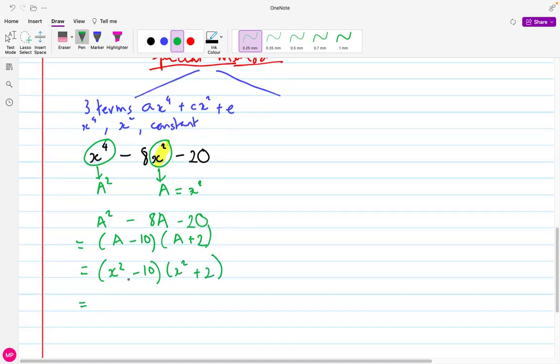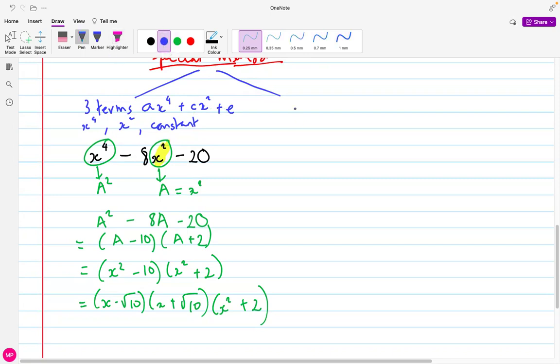Then you factorize further, x squared minus 10, you can use the difference of squares. So x minus root 10, x plus root 10, and x squared plus 2, there's a plus in between them. You cannot factorize that. Okay, there you go. So this is a lot faster than the previous one, but it only works if you have three terms, x4, x squared, and the constant. All right.